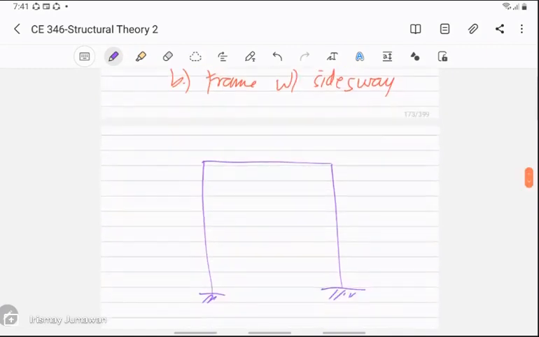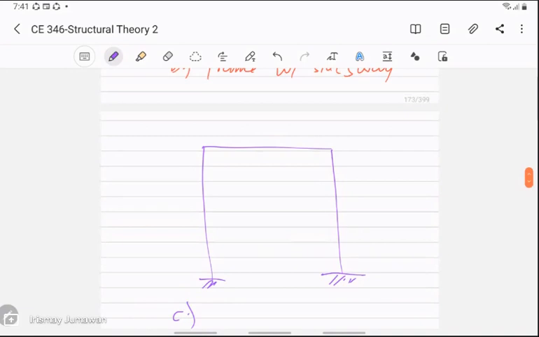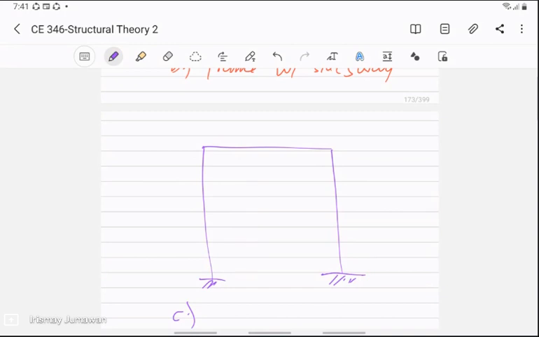This frame can only be analyzed without side sway if the load acts at the axis of symmetry. So it depends on the condition. If the loading is located at the axis of symmetry, there's no translation of the joint.